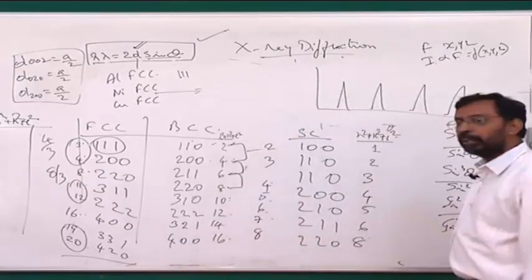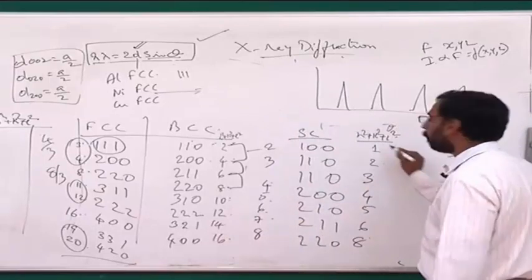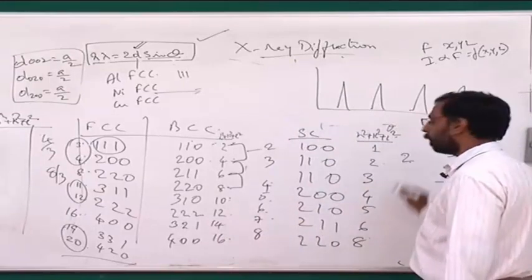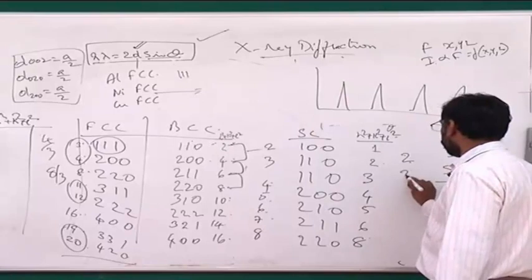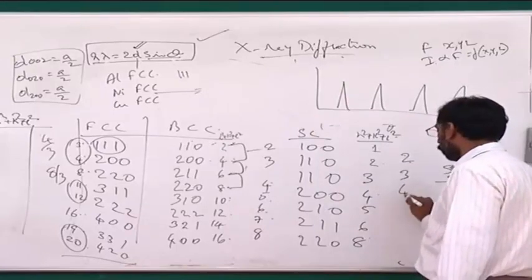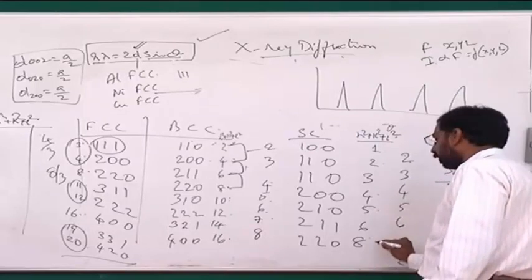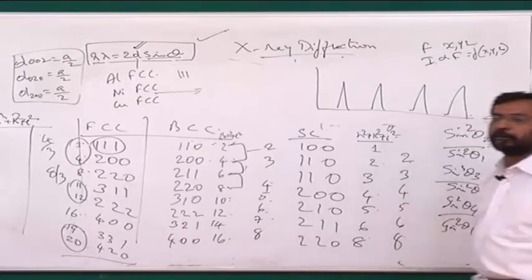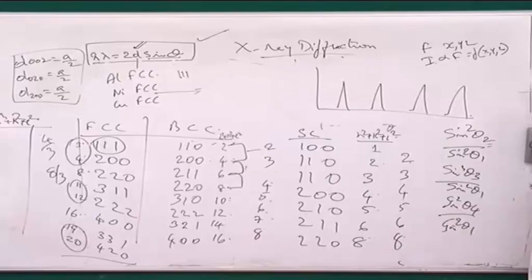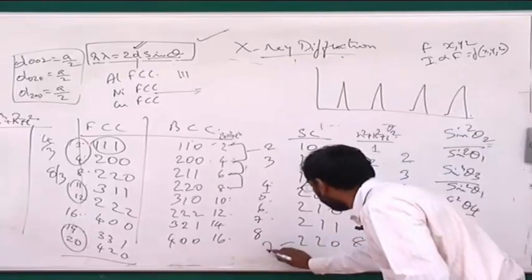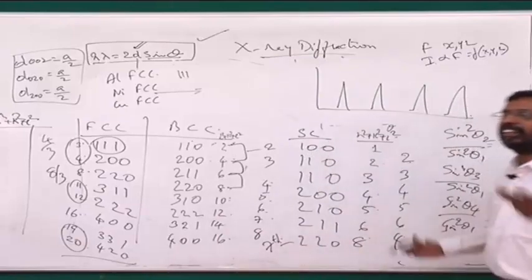Here for simple cubic, second divided by first is 2. Third divided by first is 3. Fourth divided by first is 4. Fifth divided by first is 5. Sixth divided by first is 6. Seventh divided by first is 8.